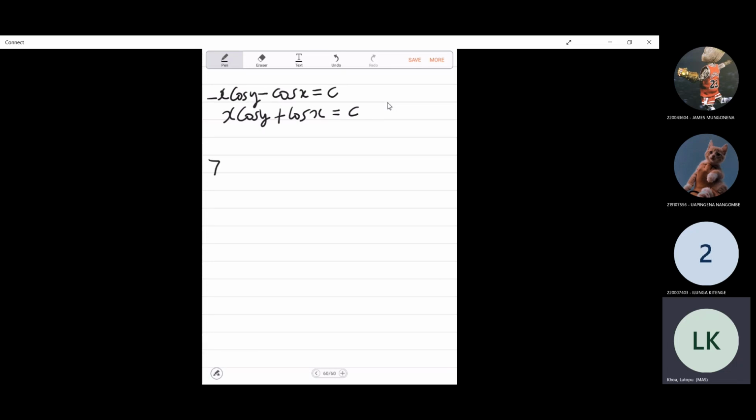Do number 7. We have y ln of x minus 1 over x dx minus x ln of x minus x dy, and this is equal to 0. So again, you can see here I have a negative between these two.